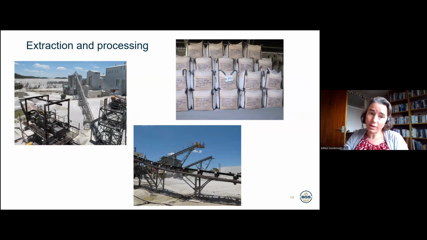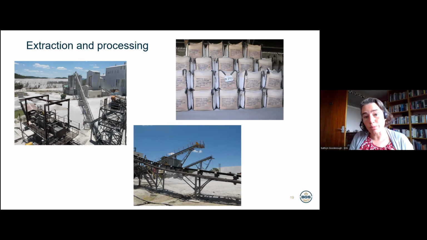And then, of course, the other thing, once you've got your mine, is that I talked about extraction and processing. You start by mining essentially a rock. You have to get the ore minerals out of that, which means crushing up the rock, grinding it into relatively small pieces, and then using maybe gravity or magnetic techniques to separate out the minerals.